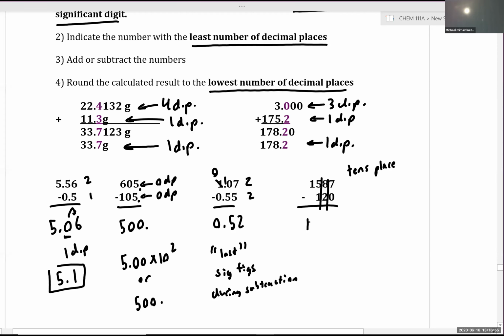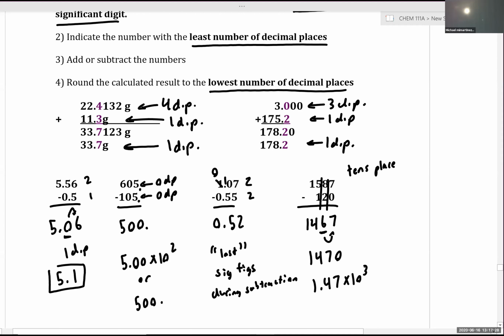So that in turn gives us 1,467, which we round to the tens place, and that gives us 1,470, or 1.47 times 10 to the third. So essentially you're rounding to the least number of decimal places or the smallest whole number place if your number doesn't have a decimal place.